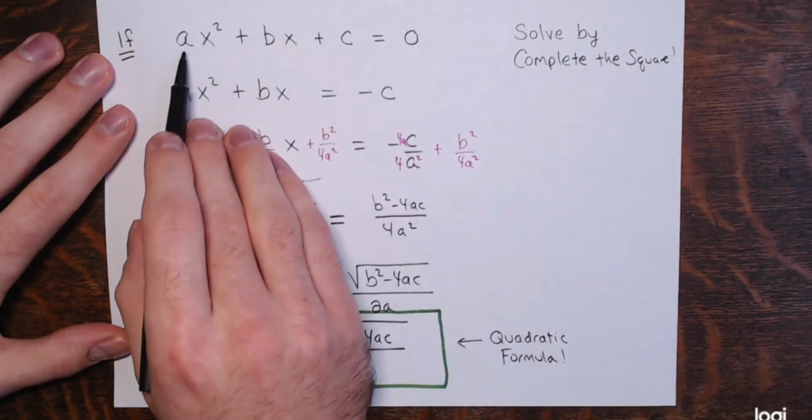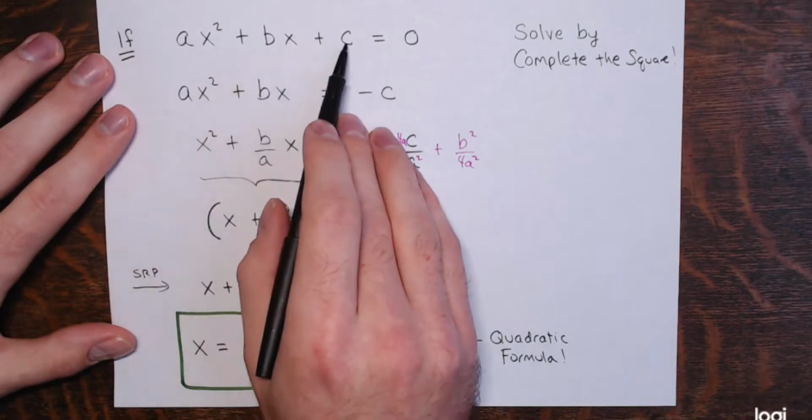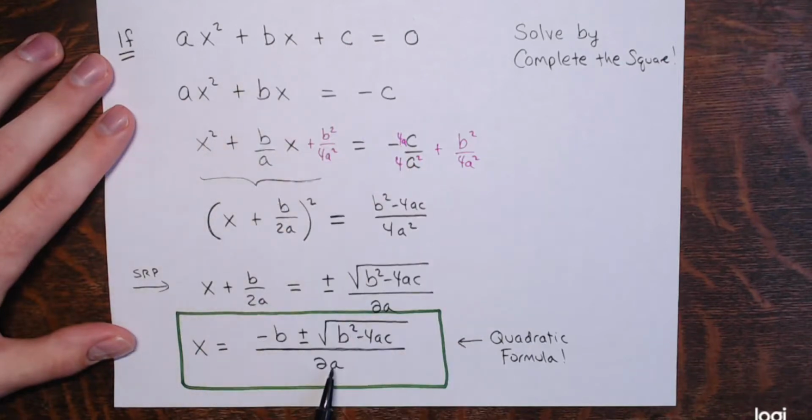Then you just need to identify your a, b, and c and plug them in here. And your solutions will be the opposite of b, plus or minus, again, one with the plus, one with the minus, and then the square root of b squared minus 4 times a times c, all that in the square root, and then all of this, big bar, divided by 2a.